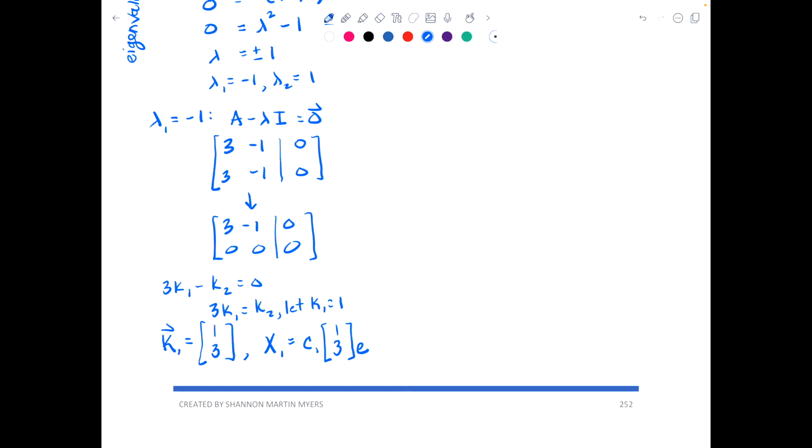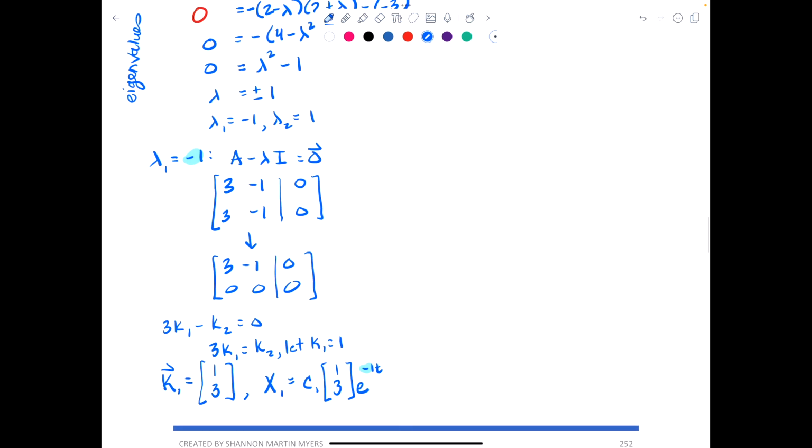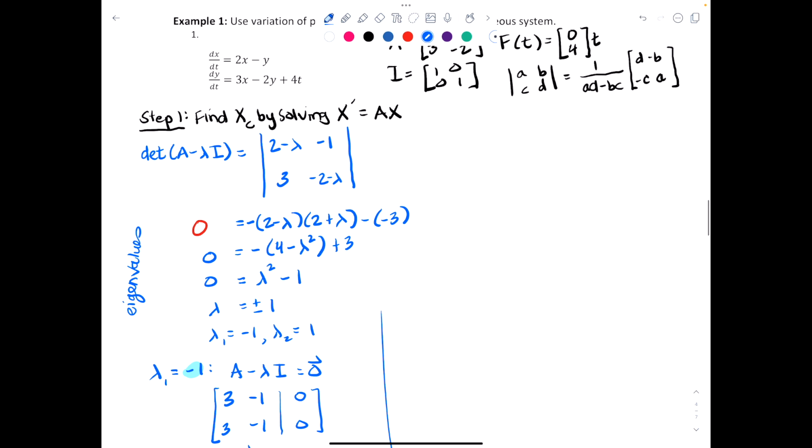We replace lambda with negative 1, so we'll have negative 1 times t, which of course is e to the negative t. I'll keep the negative 1 in there for now. We got that from right here because our lambda 1 was negative 1. Groovy?